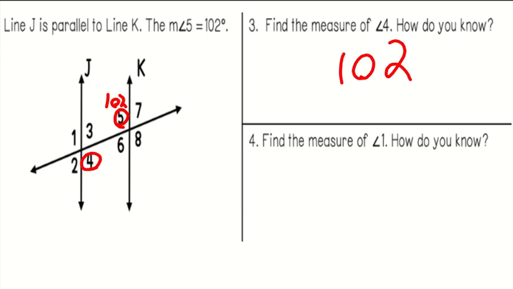Those are alternate interior angles, so that makes them the same. Carlea, angle 1. It'll also be 102. It's a vertical angle with angle 4, so that's one way you can tell they're the same. It is also the corresponding angle with number 5, so that'd be another way. I said once you fill them in, you just kind of fill in pieces.